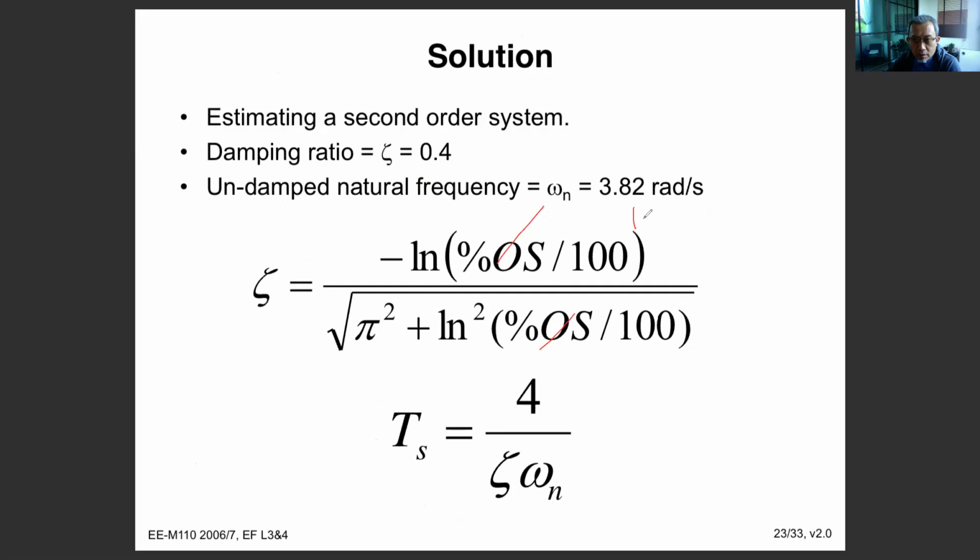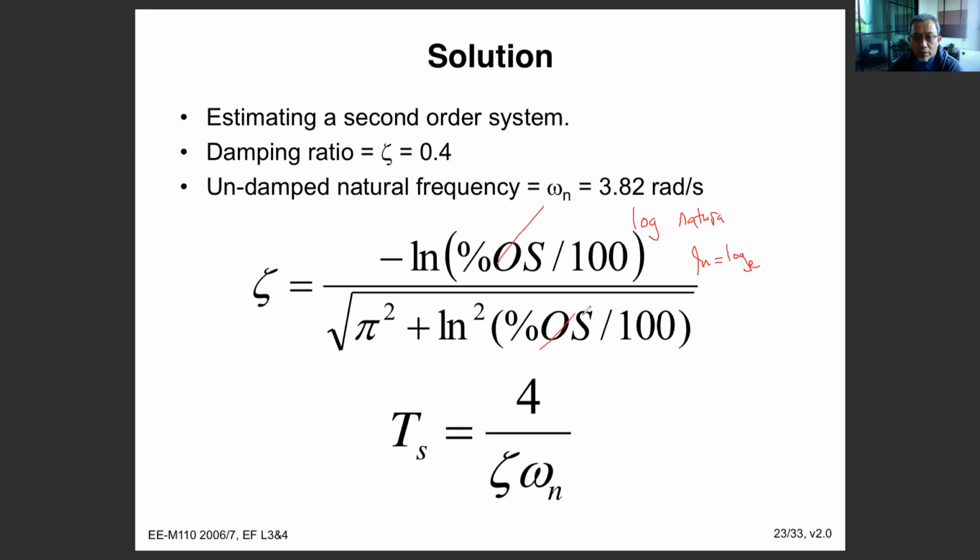Ln is natural logarithm. Okay, log natural, log base e. Okay, so the settling time formula is 4 divided by zeta omega n, right?